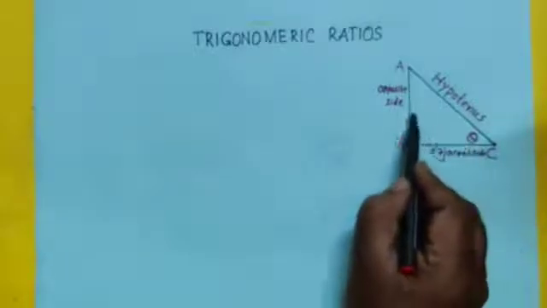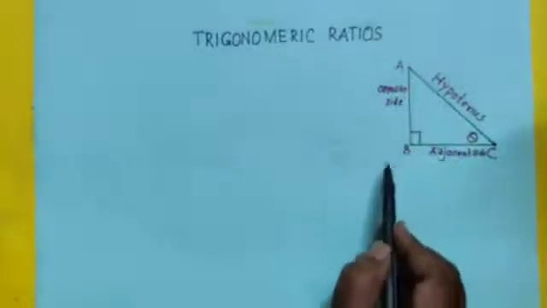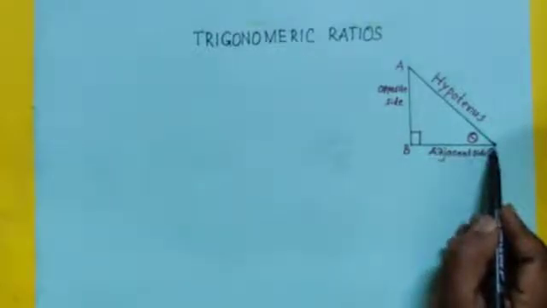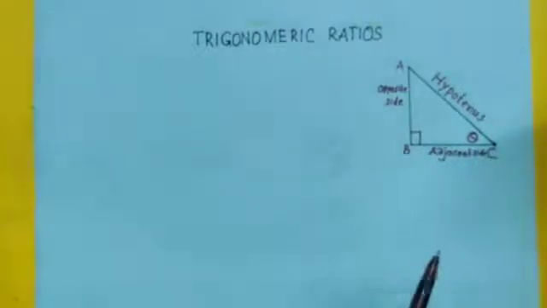The side which is opposite to theta we call the opposite side. And the side which is adjacent to theta is the adjacent side. Is it clear? The hypotenuse is constant. But observing from this theta, the side opposite to theta, AB, is called the opposite side, and BC is adjacent to the angle, so this is the adjacent side.